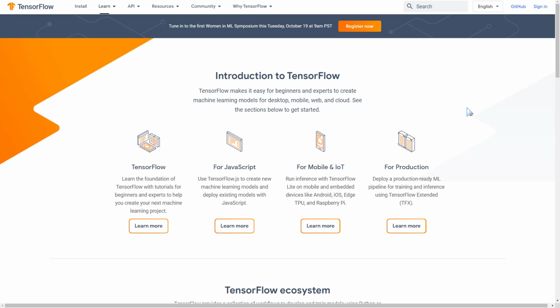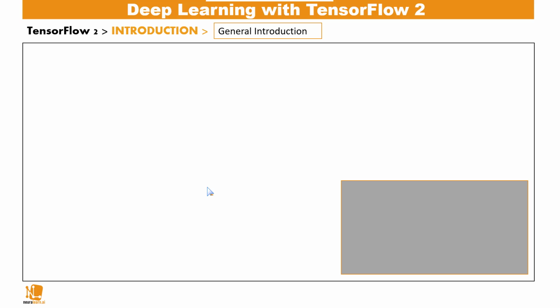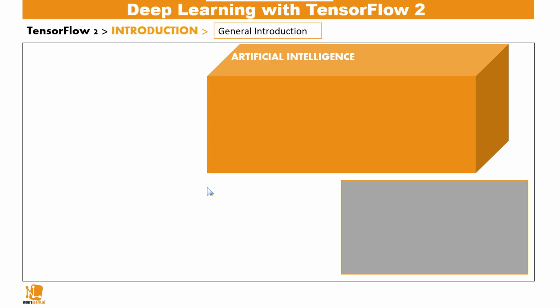Before taking a look at these different tools we'll be using throughout this course, let's start with an introduction to deep learning. Deep learning is part of this vast computer science domain known as artificial intelligence. Artificial intelligence itself involves teaching computers or machines to do tasks which are usually done by humans.